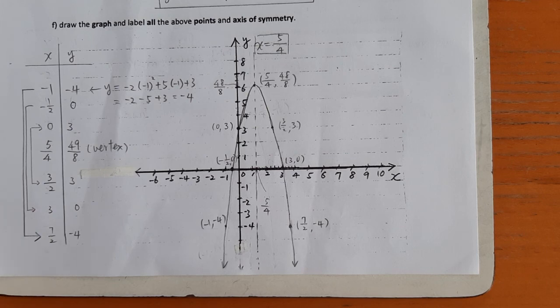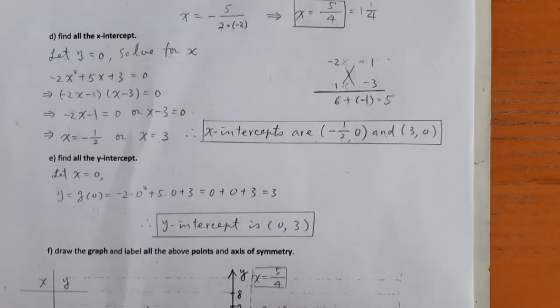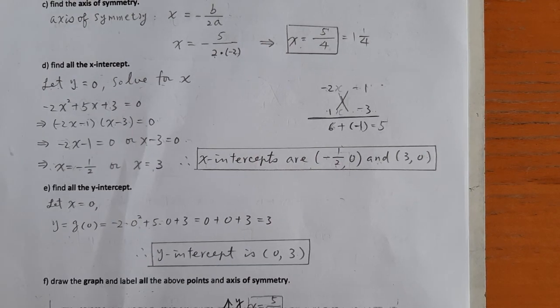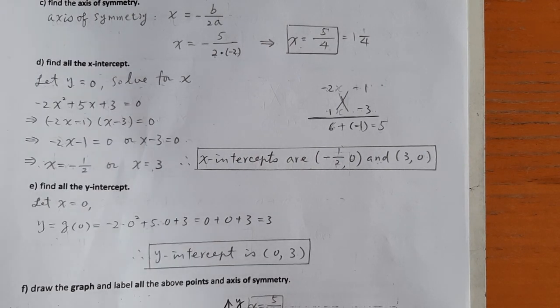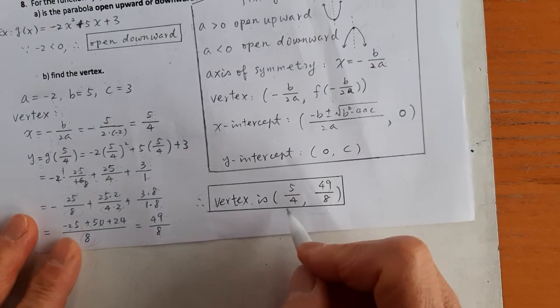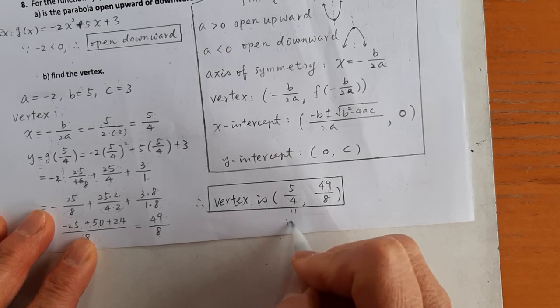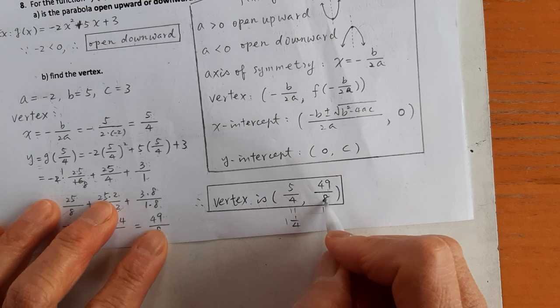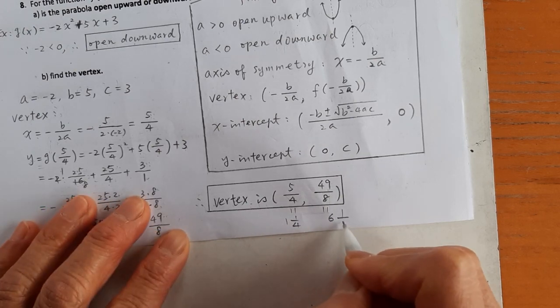Then you draw the vertex. The vertex is at 5 over 4, 49 over 8. The x-coordinate 5 over 4 is 1 and 1/4, and 49 divided by 8 is 6 and 1/8.